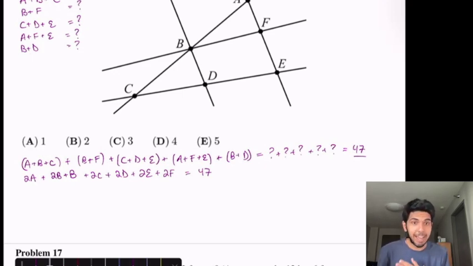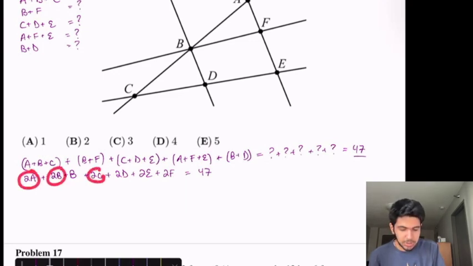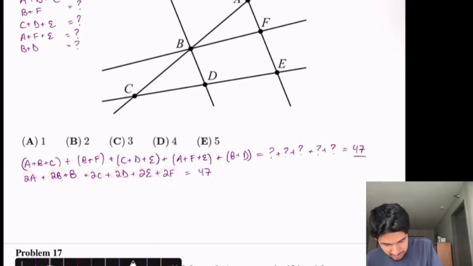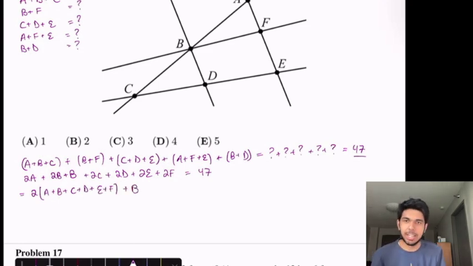Well, that means we can factor it out. So let's factor out a 2 from all of the terms that have a 2 coefficient. So that'll be equal to 2 times A plus B plus C plus D plus E plus F. And then we also have to tag along that extra B from the 3B. That equals 47.